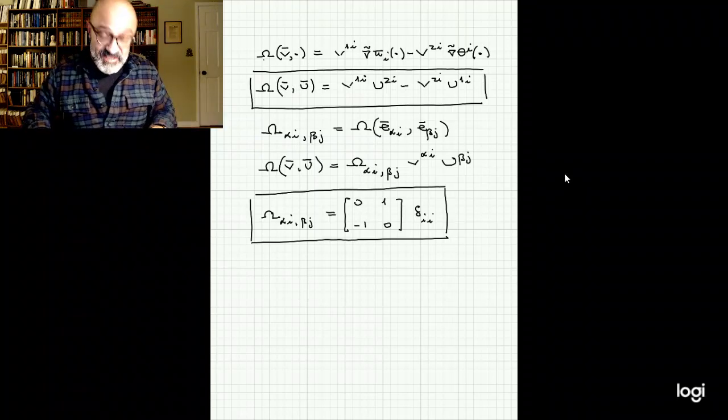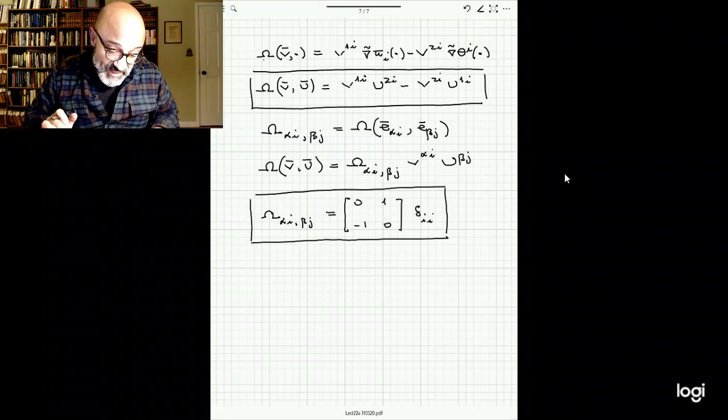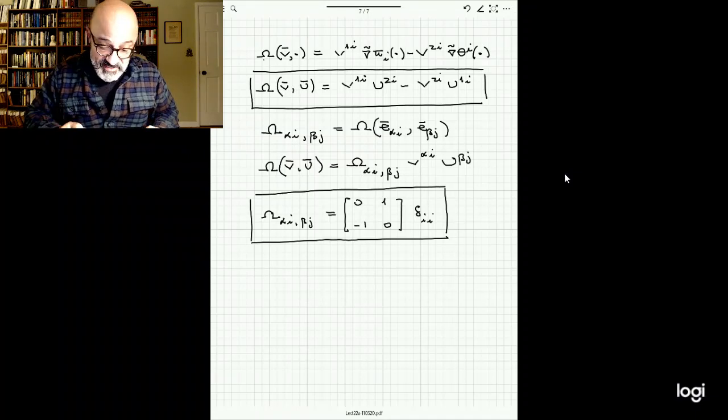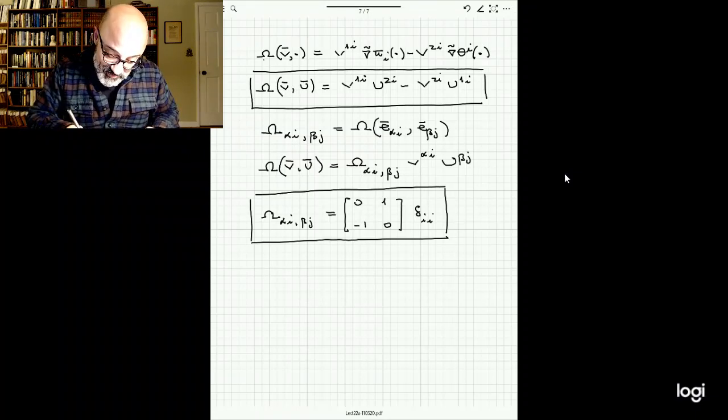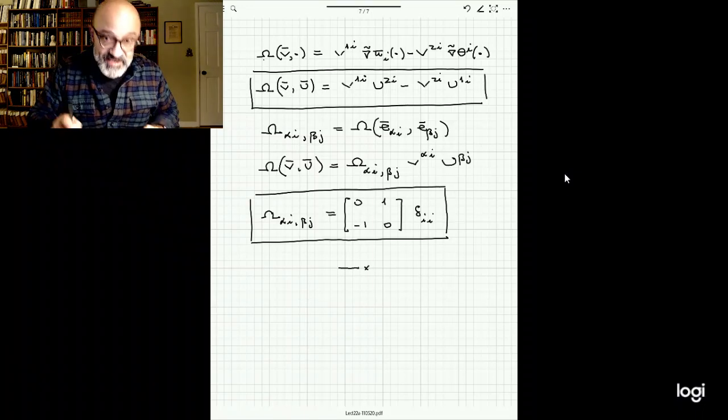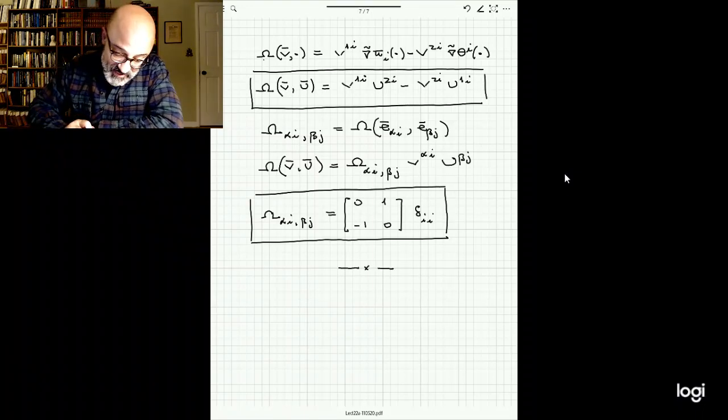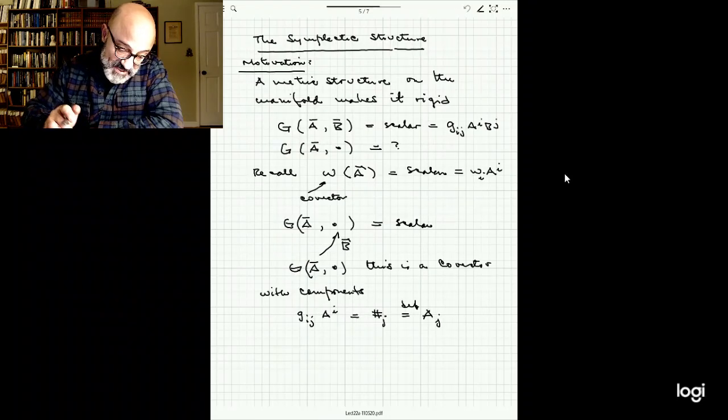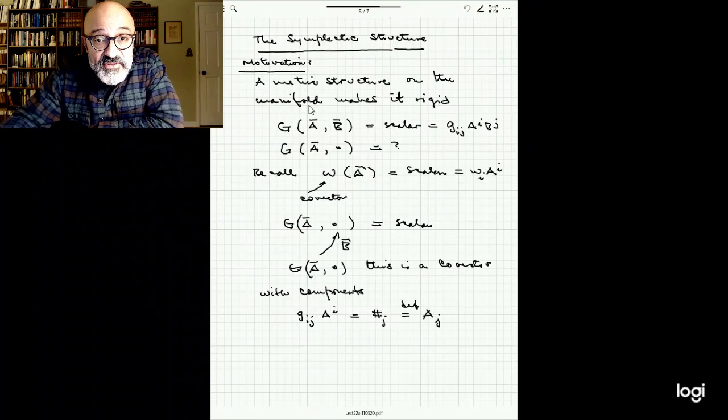Very good. I think it's time to stop here. Before we proceed, let us recollect our thoughts and see what we have done here. I said, look, if you have a metric structure, then you have this tensor that allows you to produce scalars. But if you leave one of the slots open, then this object very much behaves as a covector.